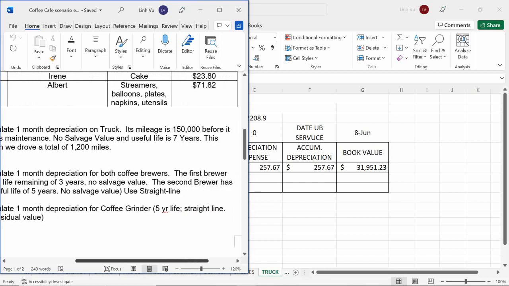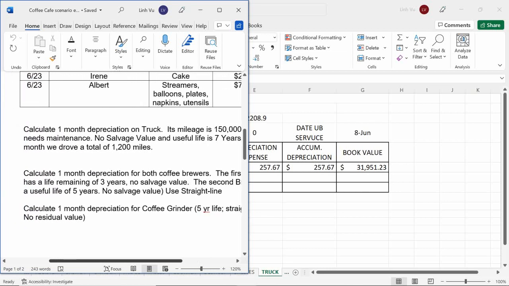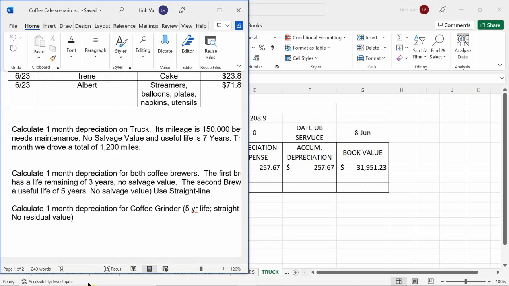We're going to be using straight line to calculate the depreciation for the coffee brewers, okay? Because if you remember, we bought out a previously established coffee business that had a coffee brewer that still works. That was the first coffee brewer.